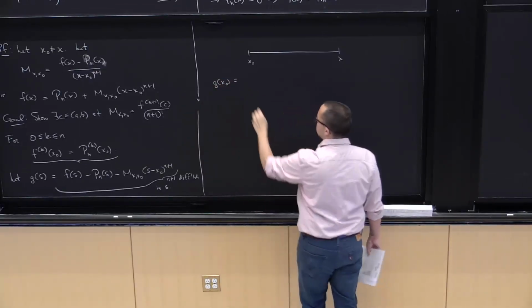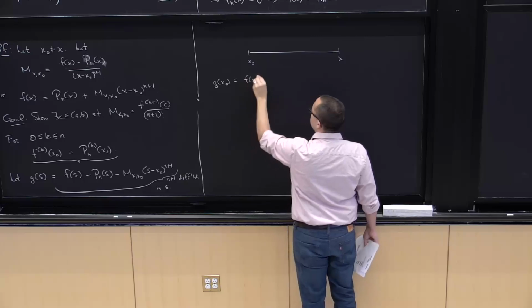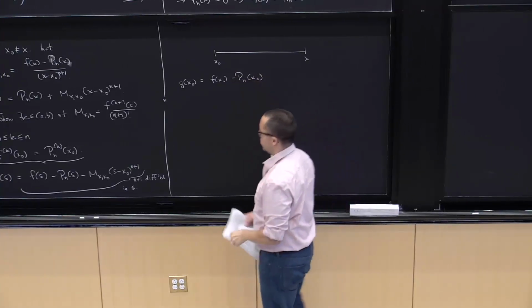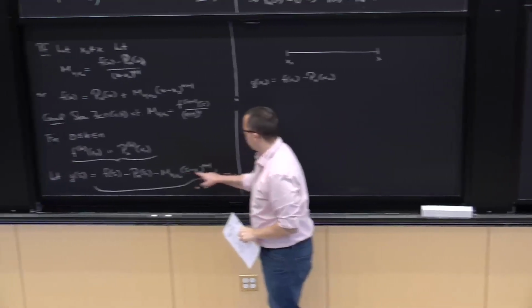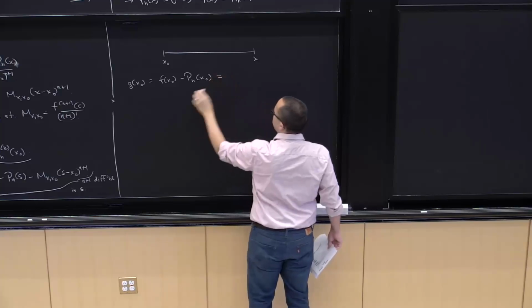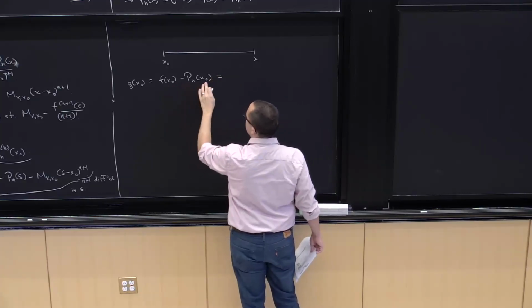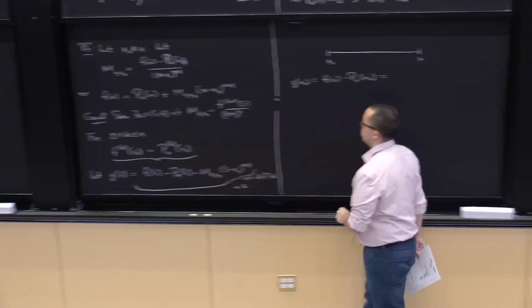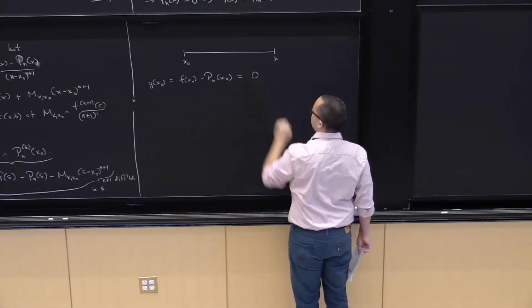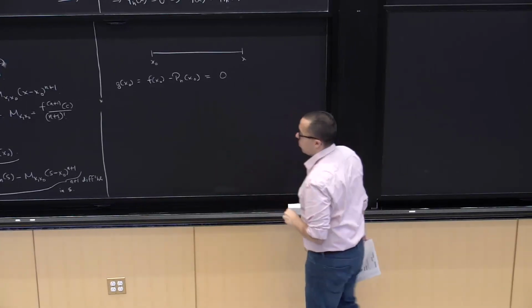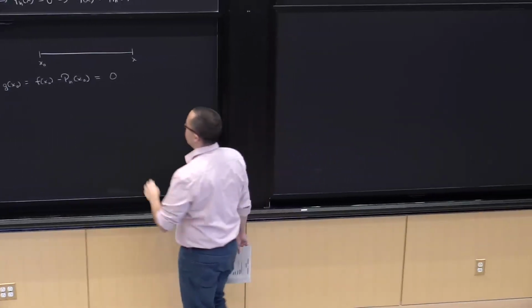Well, this is equal to f of x0 minus p sub n of x0 minus M times x0 minus x0 to the n plus 1, and when I stick in x0 there, I get 0. And now f of x0 minus p sub n of x0, again by this first thing here for k equals 0, is equal to 0. Okay? And now what do I know about g evaluated at x?